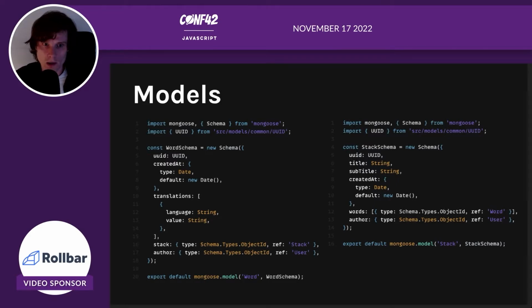Just a couple of models over here: for example, the word schema, which has a unique ID, creation date for sure, and translations, which have from and to, where language is the code of the language and value is the word itself.